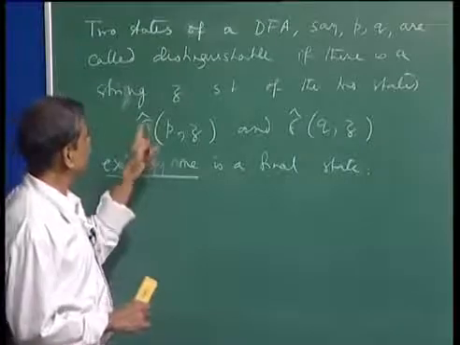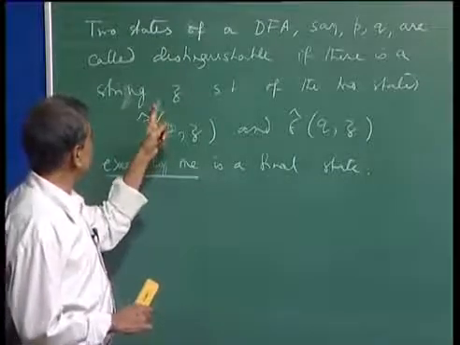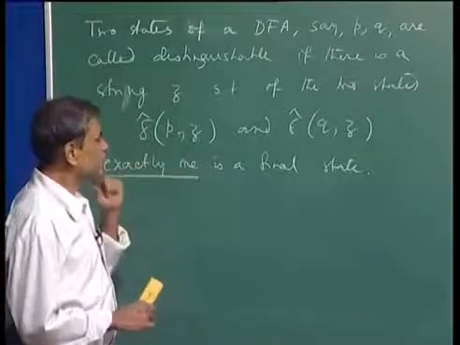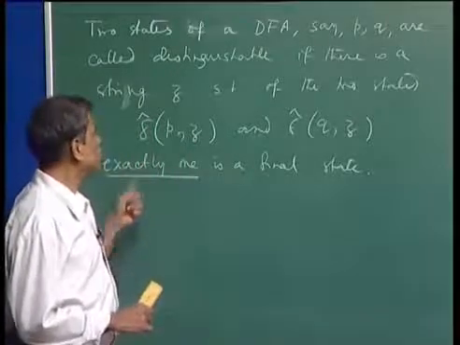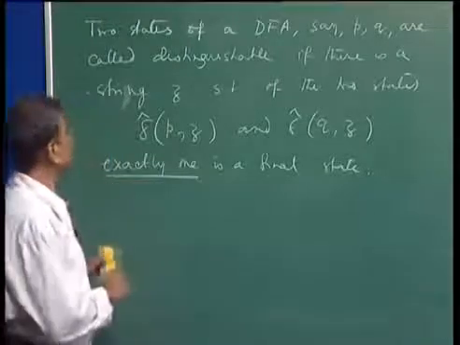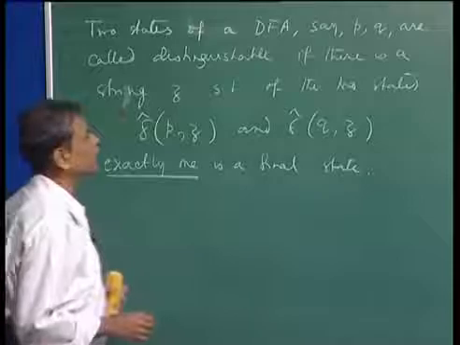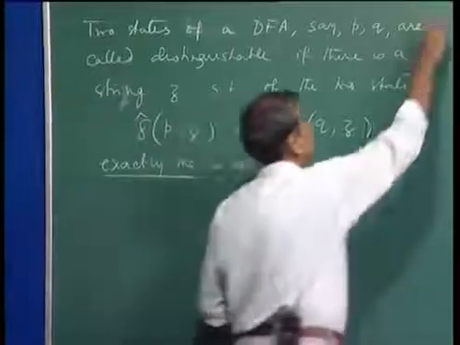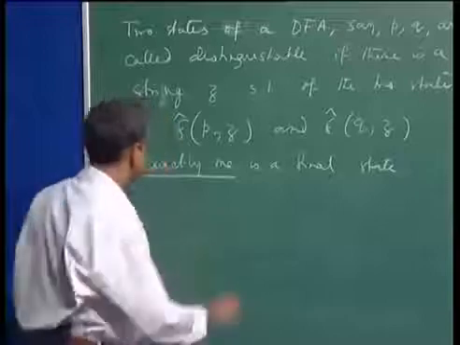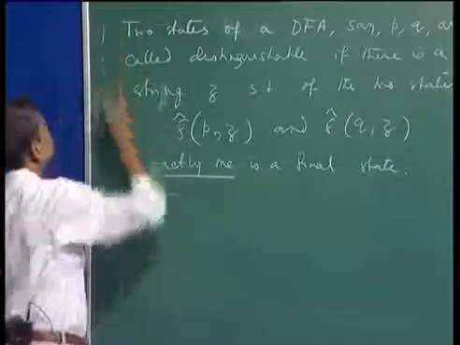If there is one string Z which shows this kind of behavior with respect to P and Q, then we say the pair PQ is distinguishable. So, that is one notion that we did. This is of course the definition.